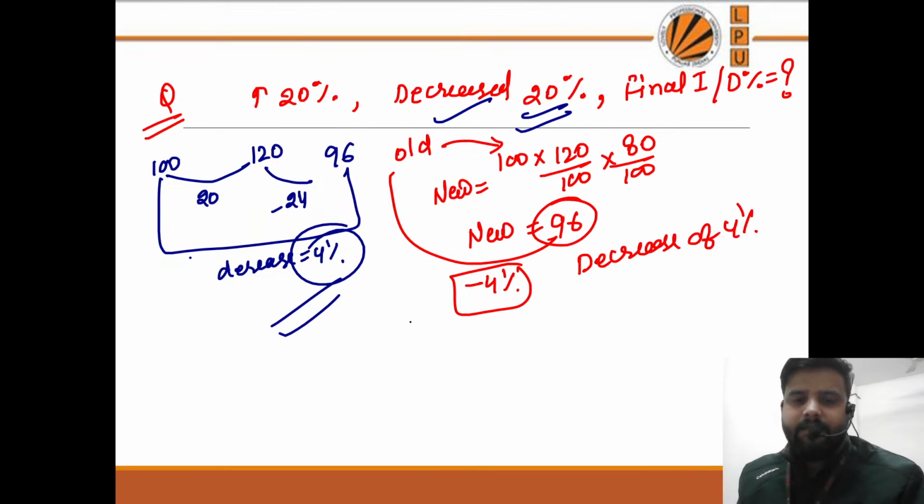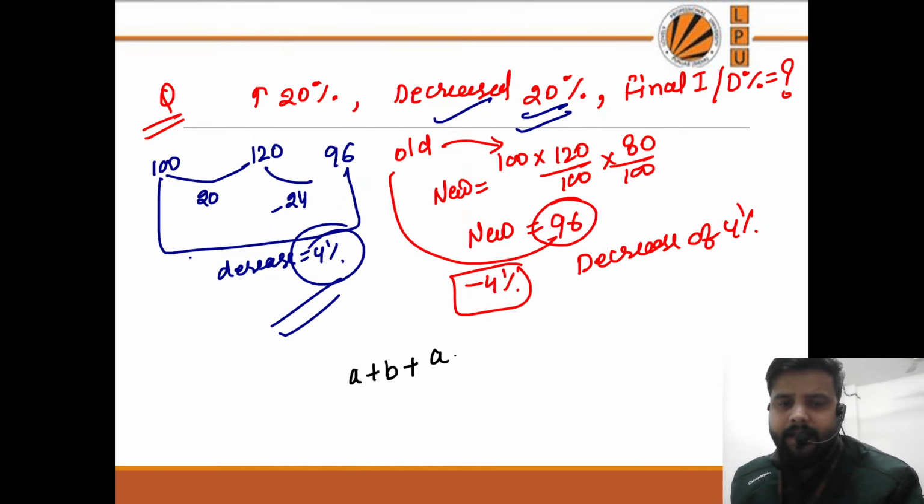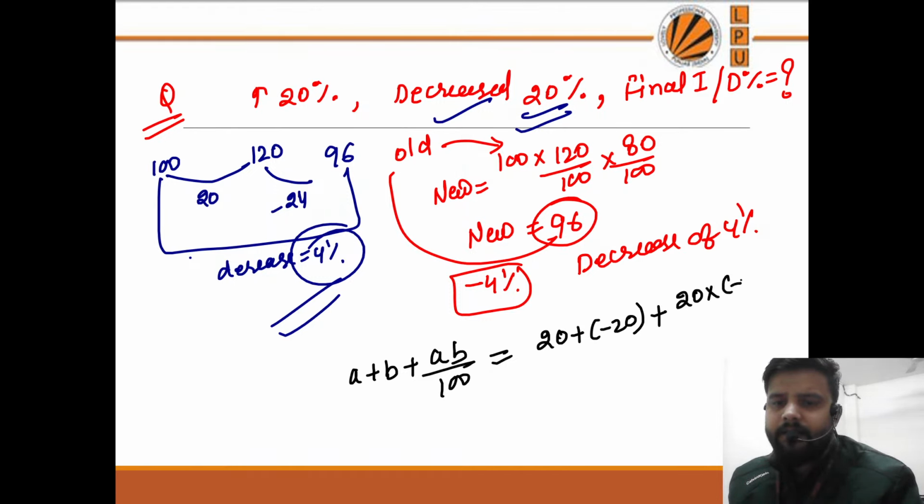Now let's do it with method 3, which was the formula A plus B plus AB by 100. When you put the values in the formula, it will be 20 plus minus 20 plus 20 into minus 20 divided by 100.